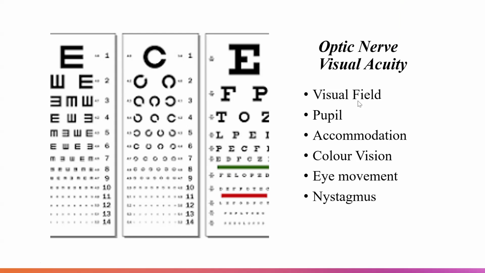So again, you just ask about pupil, visual acuity, accommodation, eye movement, and field of vision. The visual field is very important because most of the cases have bitemporal hemianopia. Of course, it is not a real patient. He mimics bitemporal hemianopia.